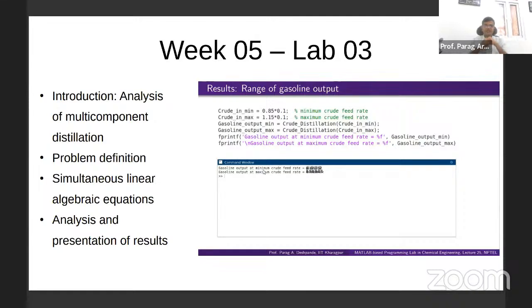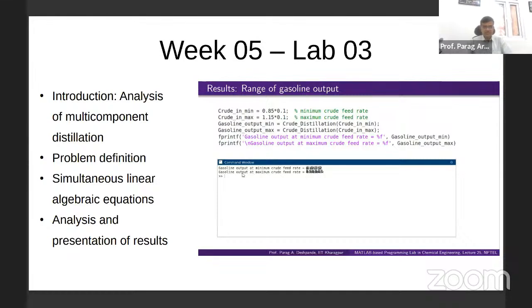And then we were asked to do analysis and present the results. Right. So then we realized that you can always put one command or the other where you can print the solution on the screen. But it's a good idea, because you have been asked a question, to give a proper answer on the screen.